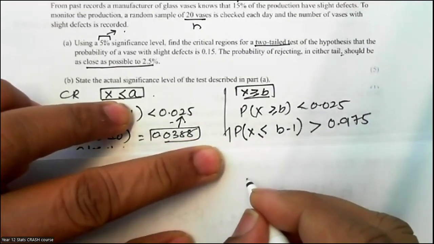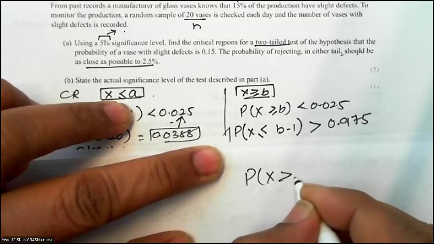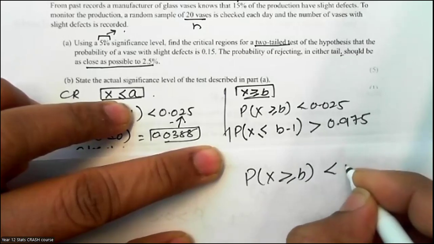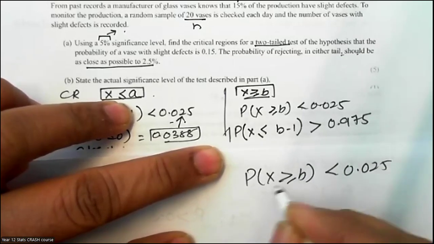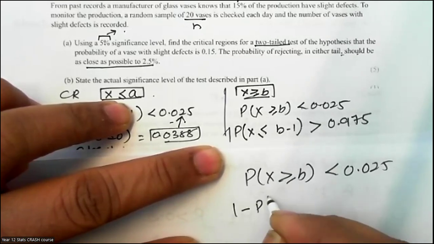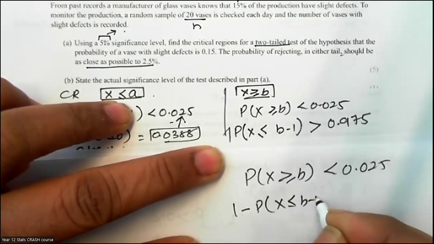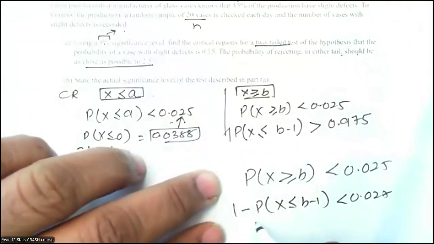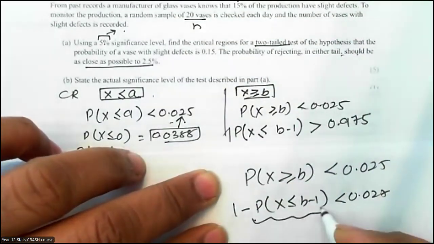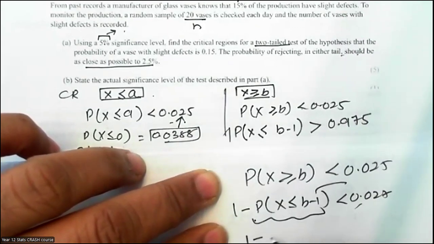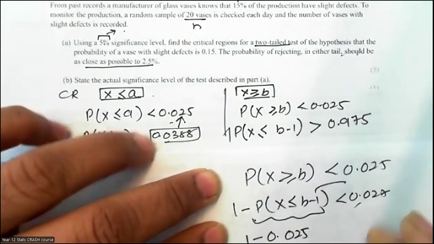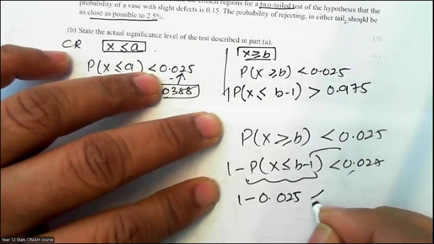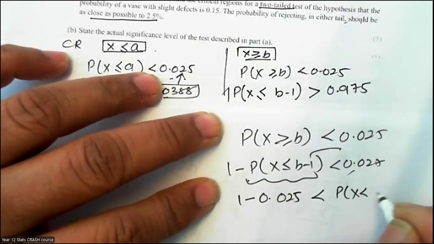Yeah, let me just explain that to you now. Probability for x greater than or equal to b is less than 0.025. And this is what? 1 minus probability x less than or equal to b minus 1 is less than 0.025. Okay, so I take that to the other side and bring that to this as 1 minus 0.025 is less than probability of x less than or equal to b minus 1.